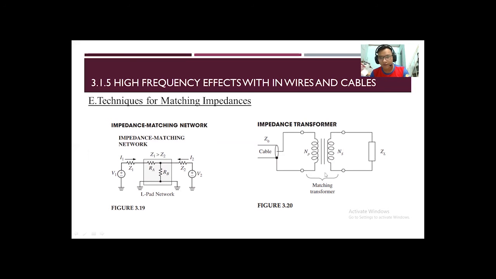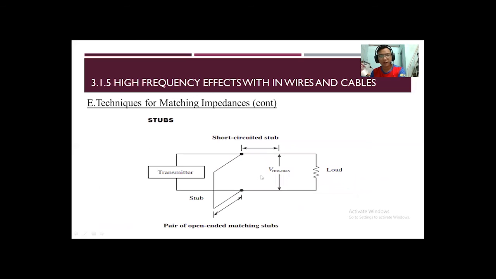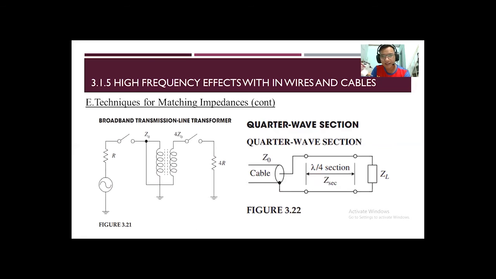Here is a transformer, and a power system transmission line transformer. So these techniques show us how to resolve unmatched impedance, and not only that.